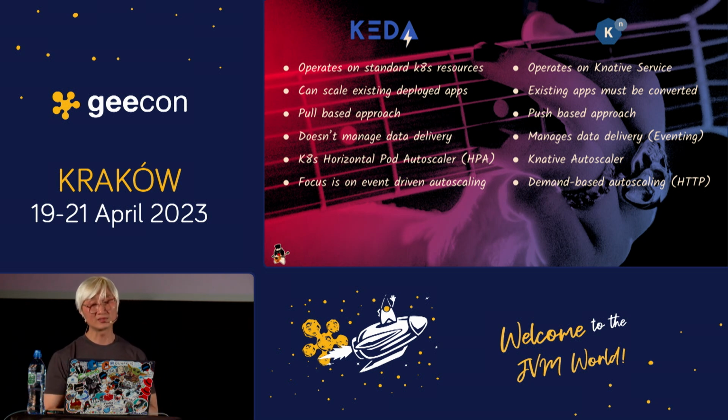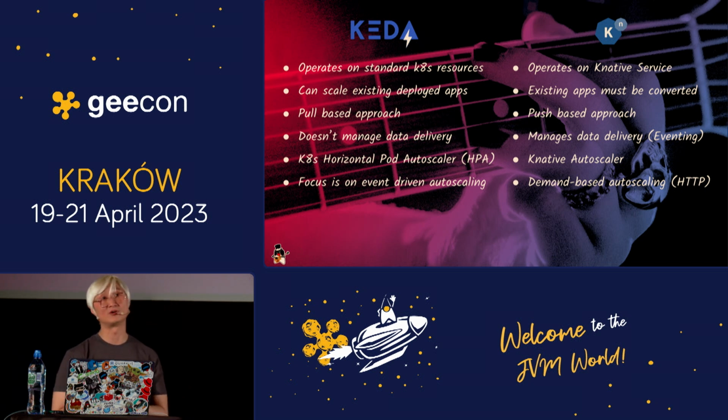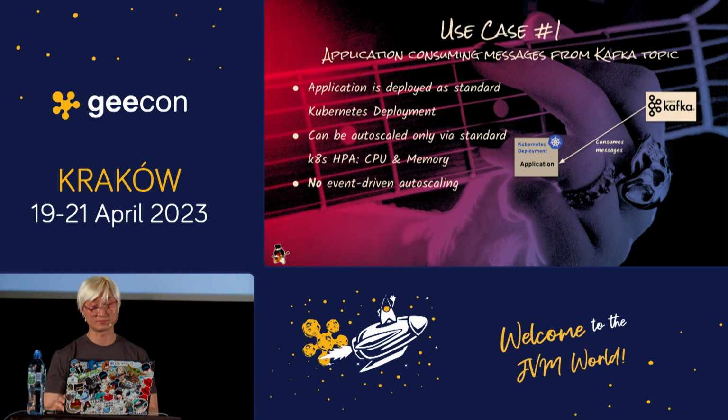With Knative, you need to rewrite existing Kubernetes resources as Knative services, which means as a developer, you need to rewrite your boring Kubernetes YAML files, which is not fun. There are a few other differences, but I'm going to show in the live demo what the differences are.